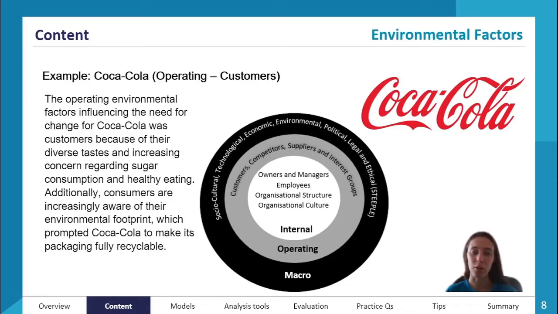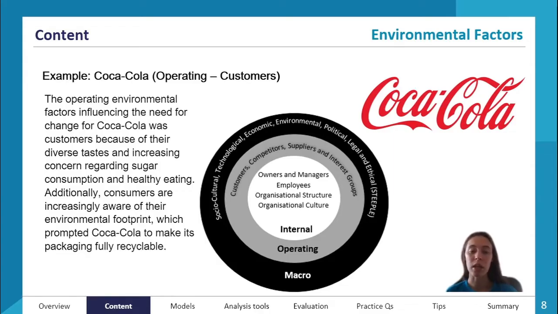So these sorts of factors, these consumer kind of demands, have impacted Coca-Cola's change over time, because they've had to cater to those diverse tastes, introduce products that are healthier, so the different sort of zero sugar options and things like that. And also it's resulted in Coca-Cola making packaging recyclable as well.